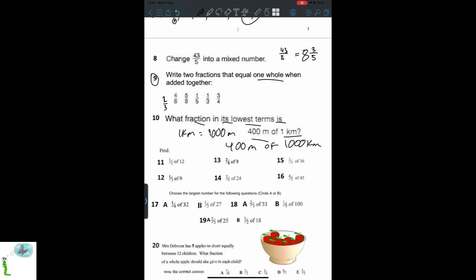And yeah, that's just 400 over 1,000, right? And then if you cancel out the zeros, bop, bop, it's 4 over 10. And then you can simplify that further, which will be 2 over 5. And that's your answer.